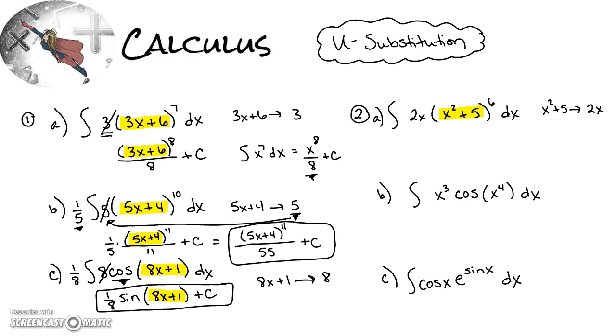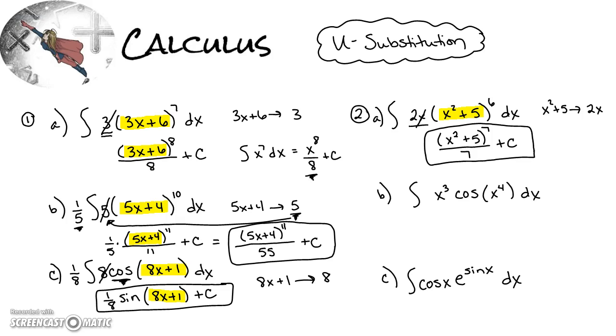Now we're in luck because there is a 2x sitting right there in the integral. So ignore it and then take the antiderivative of the outer function. So x squared plus 5 becomes raised to the 7th, and then divide by 7, and then just add c, and that's your answer.